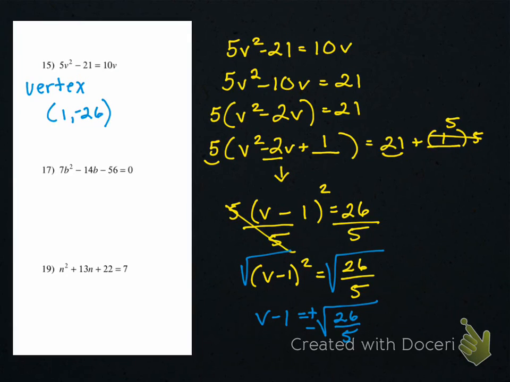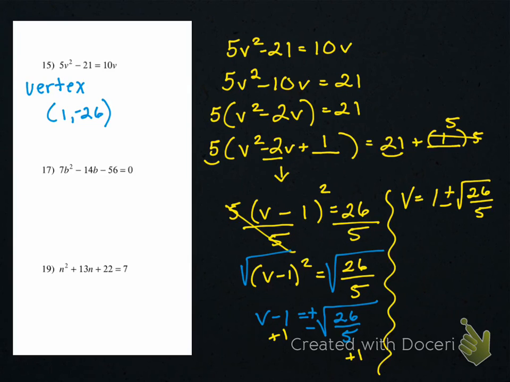Okay, and I'm running out of a little space, and I'm trying to figure out where to move here. So if I just do myself a little squiggle here. Okay, so let's clean up. What do we have? Because I still have to add 1. Okay, I have v equal to a positive 1 plus minus the square root of 26 over 5.